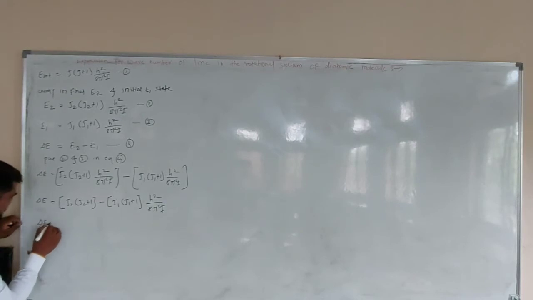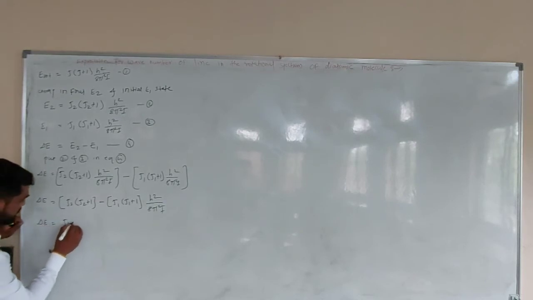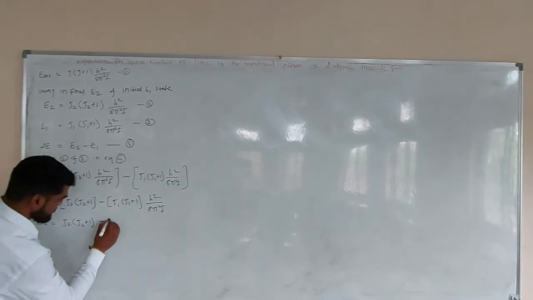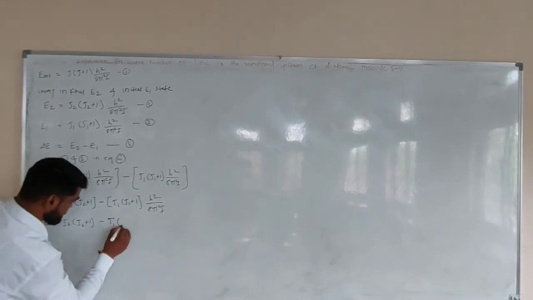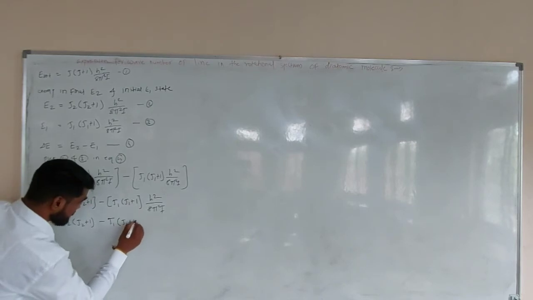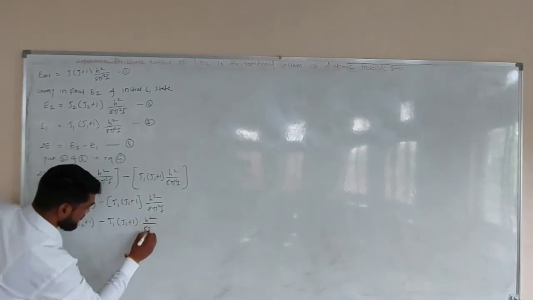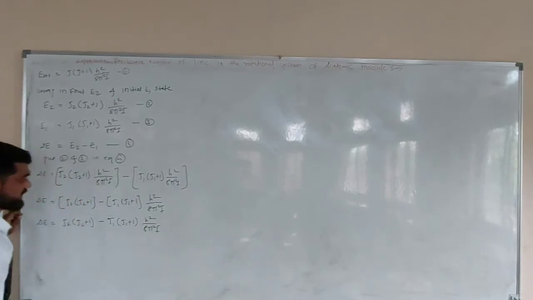That is delta E is equal to J2 inside the bracket J2 plus 1 minus J1 inside the bracket J1 plus 1, into h square upon 8 pi square I.